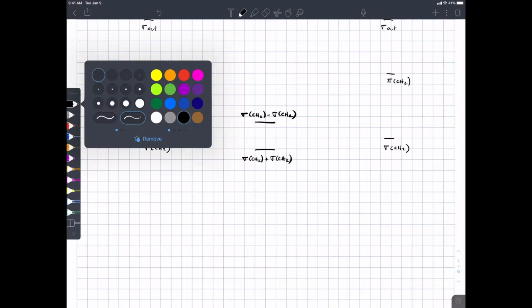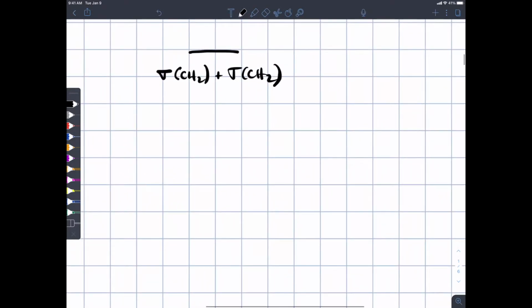Let's draw them. So for the plus combination, we would simply have the two sigma CH2s lined up with each other in phase. And just so that you're aware, what we've drawn here is exactly the same.